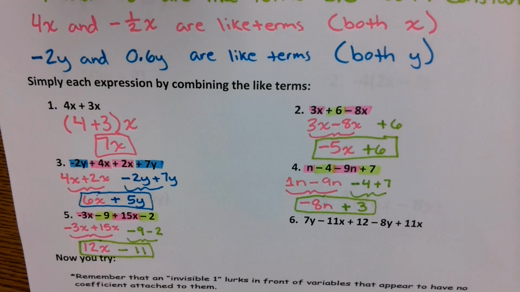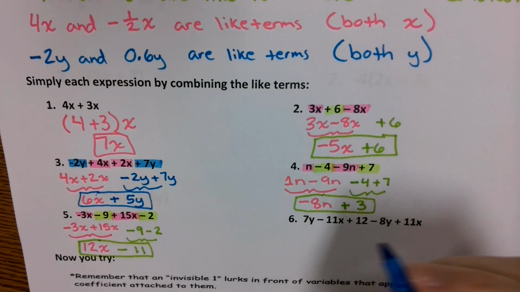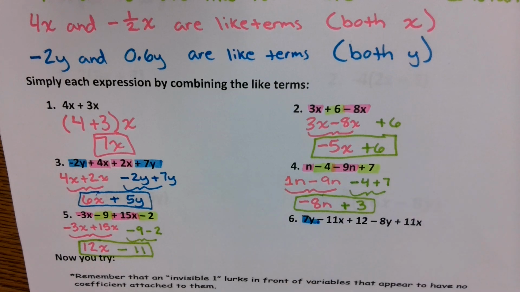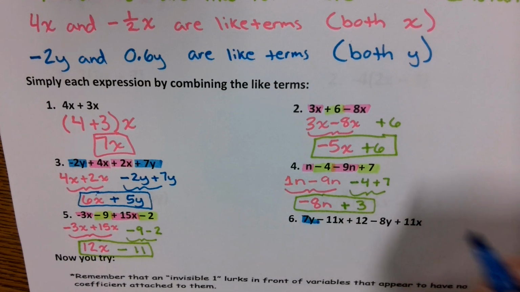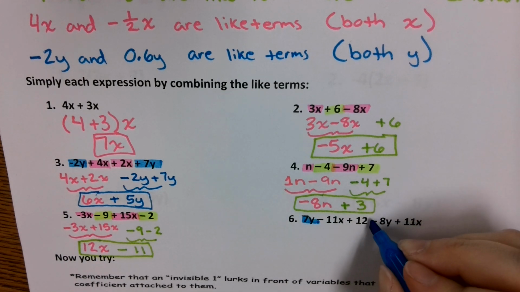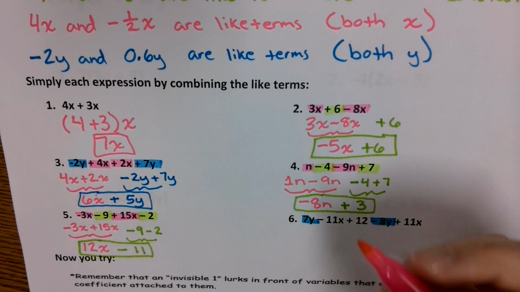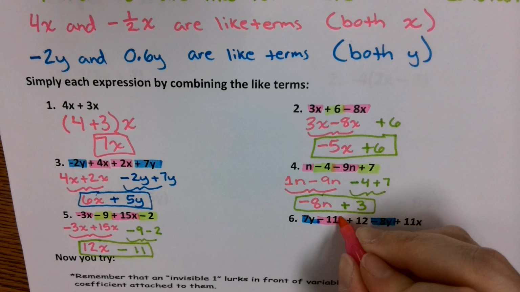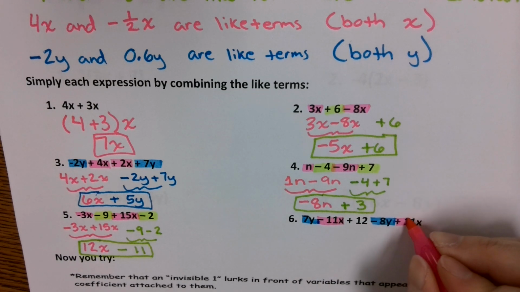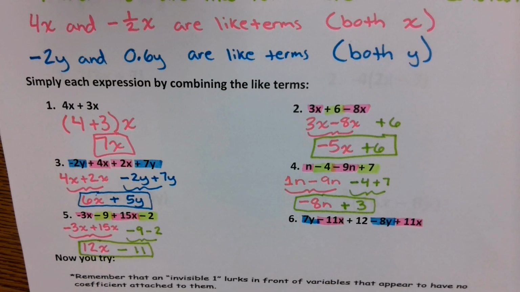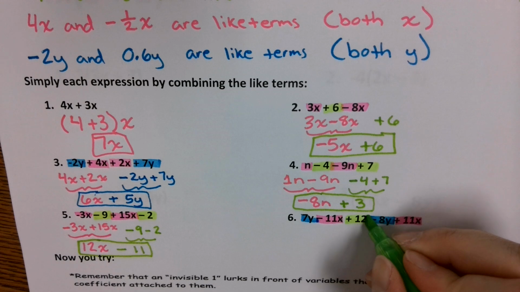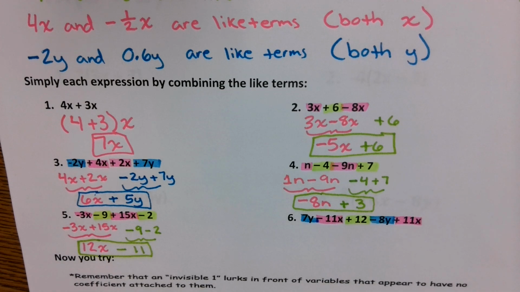Okay, our last one. We have 7y. Negative 8y. Not just 8y. Negative 8y. Okay, we have negative 11x. Positive 11x. And then we have positive 12. Nothing with it, right?